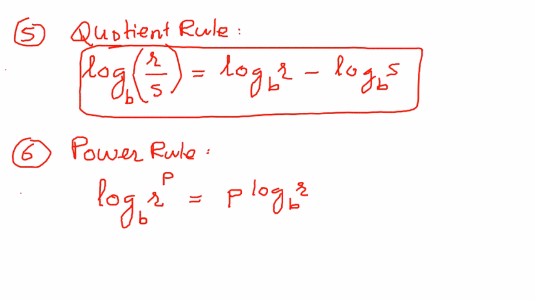The p, which was the power, came in front of the logarithm like this. So this is the term which came in front of the log expression. So therefore it becomes p log r to the base b, and this is what is called the power rule.